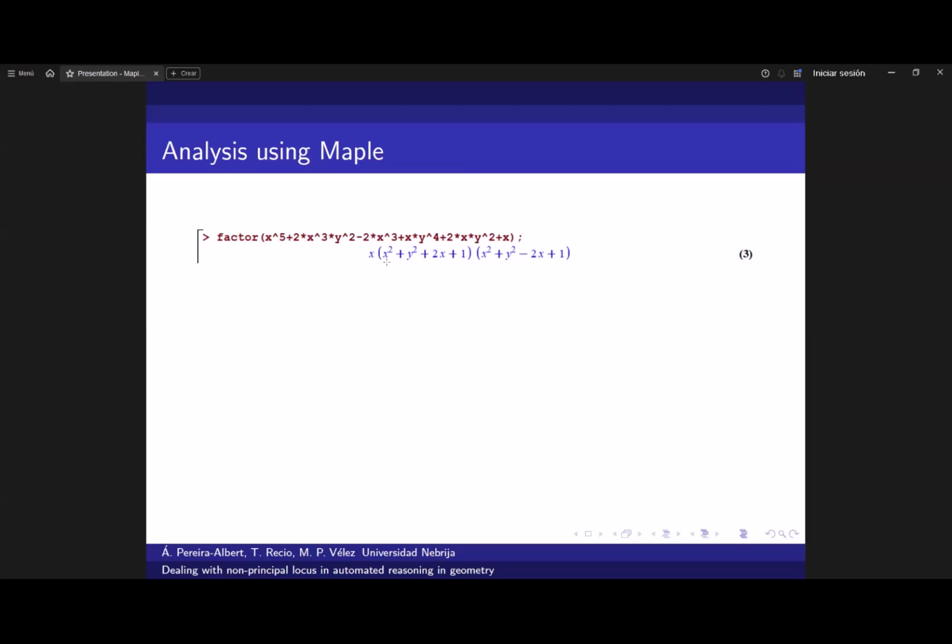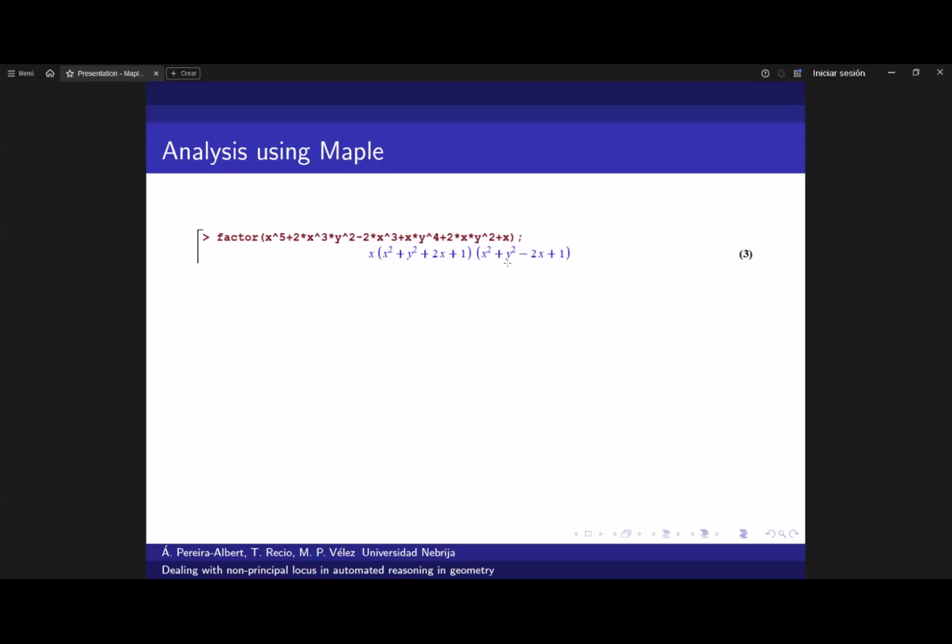This one is (x+1)^2 + y^2, so its zero set is just the point (-1, 0), and this one is (x-1)^2 + y^2, so its zero set is the point (1, 0).